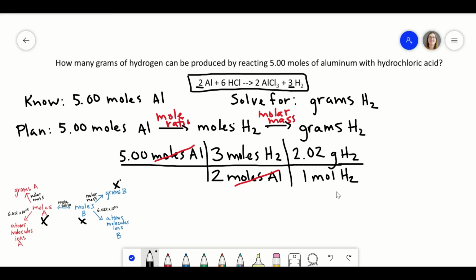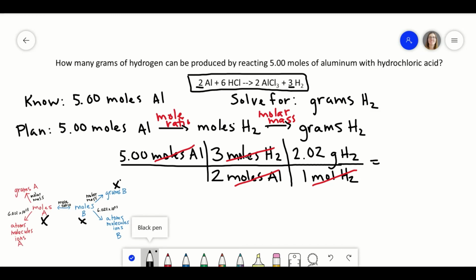Also remember, sometimes we abbreviate moles as just mol, and that's okay. I didn't forget some letters there. And so then moles of H2 have canceled because it appeared in the top of the one conversion factor and the bottom of the other. So they cancel, and we're left in units of grams of H2.